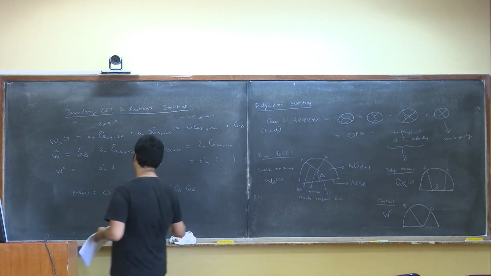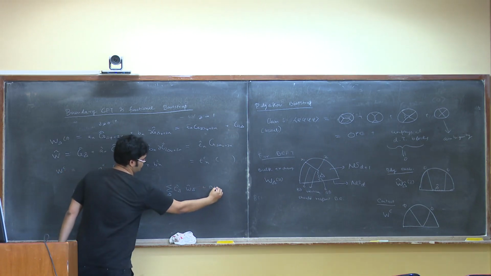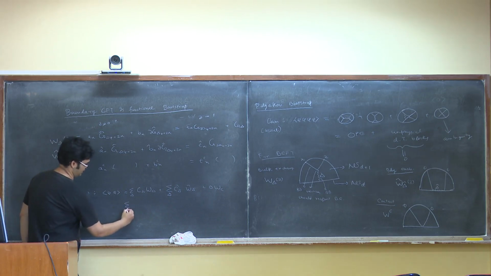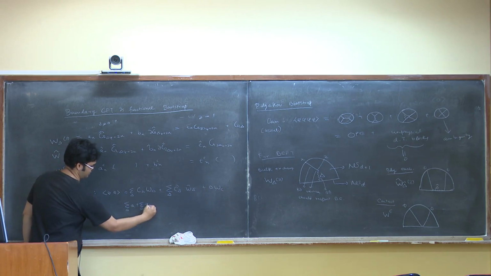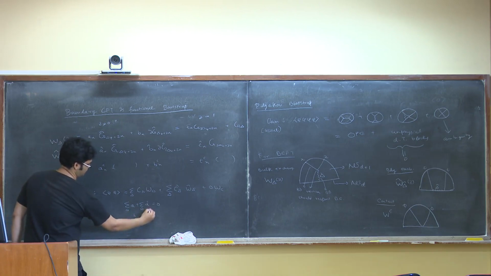Yeah. So when you do that, here I will just say that there is no contact diagram, and my Polyakov bootstrap equations are going to be something like delta hat times A hat equal to 0, and then there are similar equations for B hats.